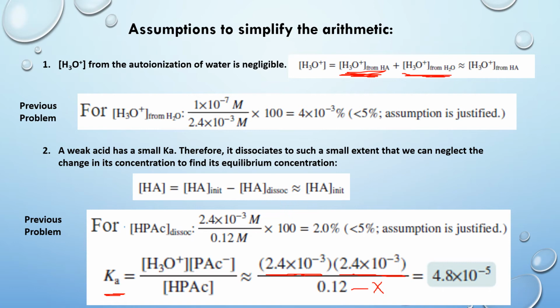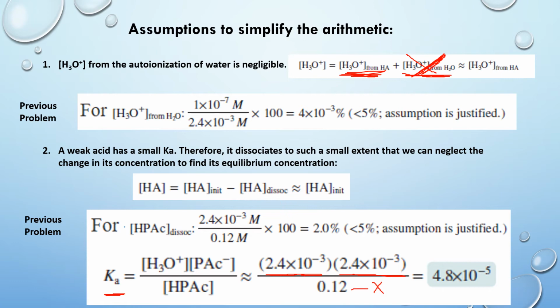We can assume the amount generated from the auto-ionization of water is so small compared to the amount of proton generated from the acid that we can ignore this term. So the total proton concentration in the system is just the amount generated from the acid. That's our first assumption.